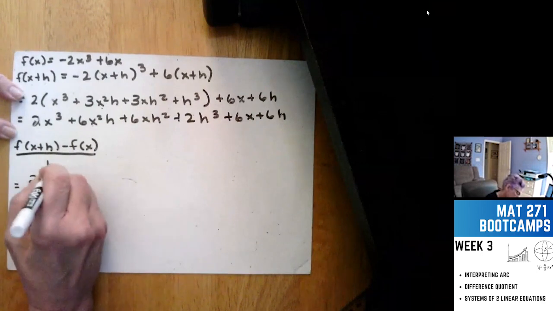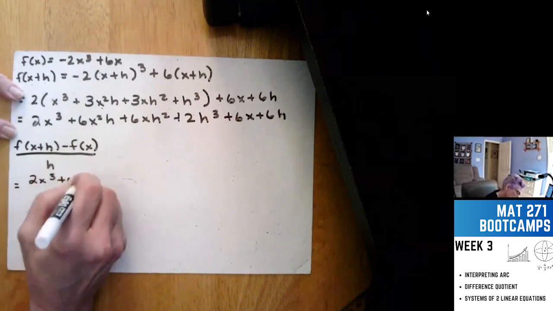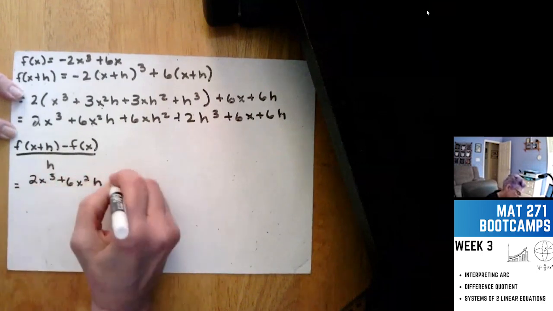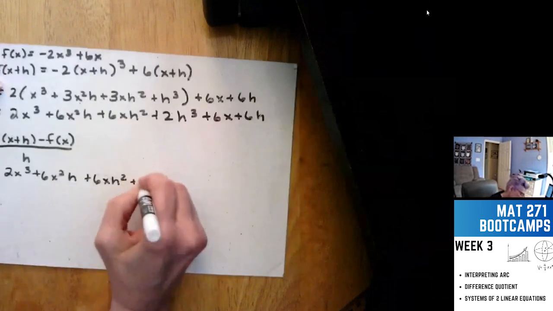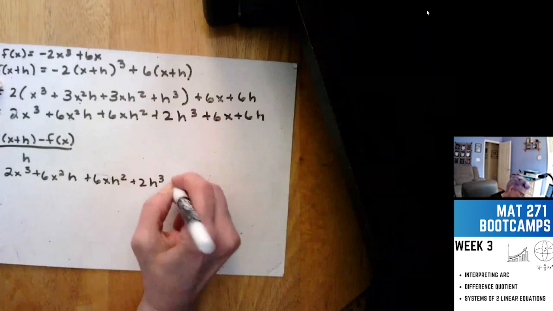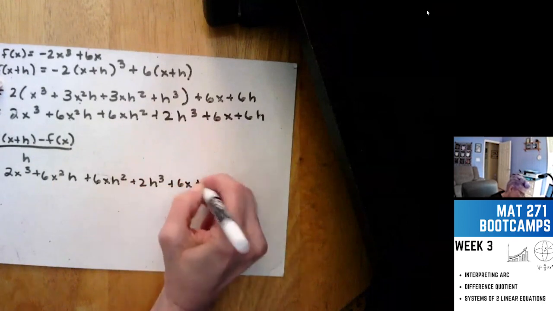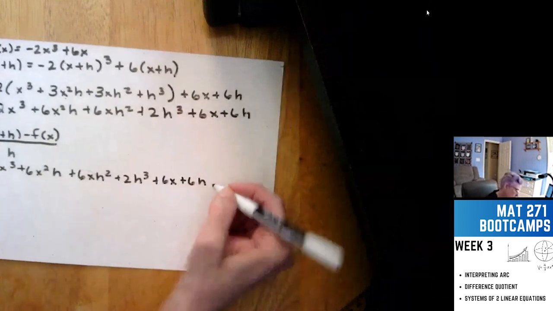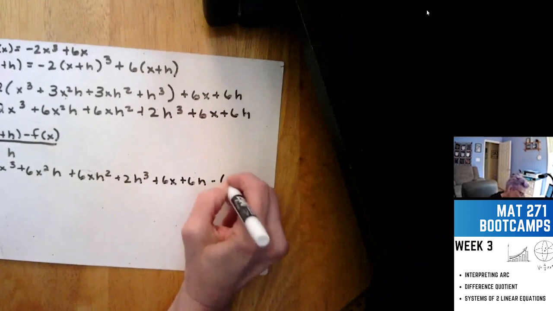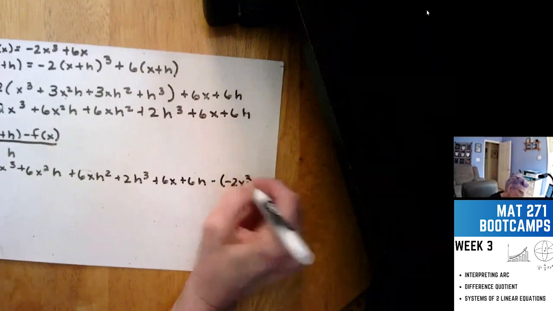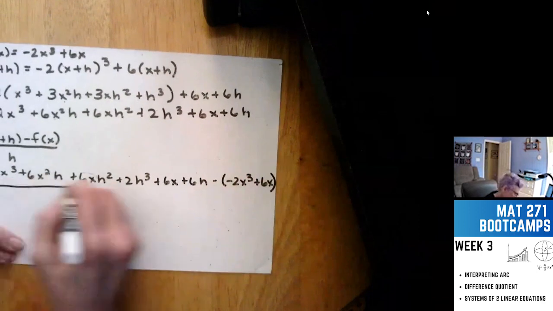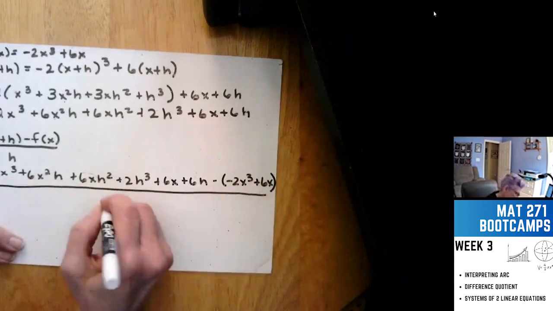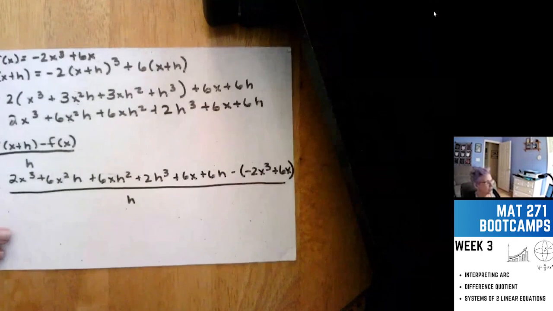I have 2x cubed plus 6x squared h plus 6xh squared plus 2h cubed plus 6x plus 6h minus negative 2x cubed plus 6x. All of that divided by h.